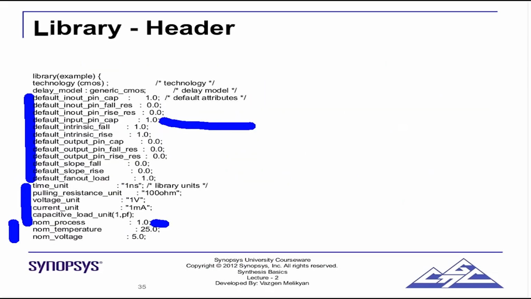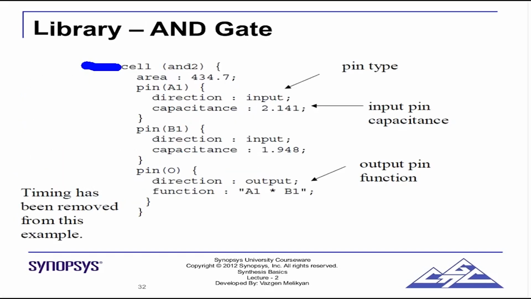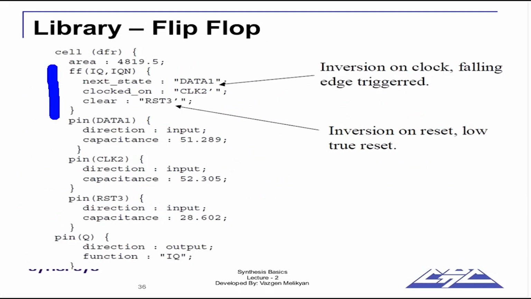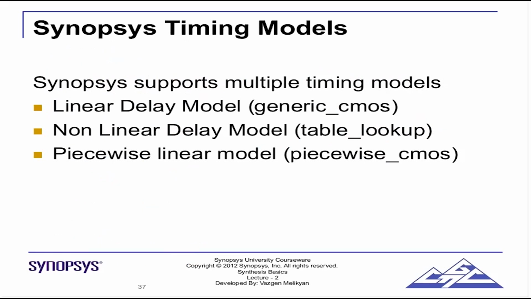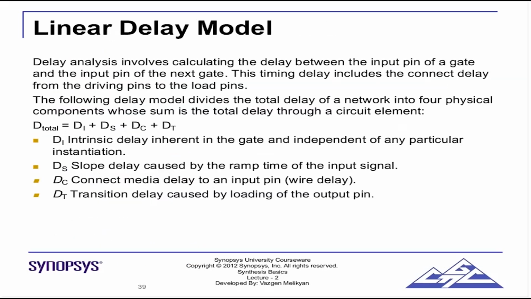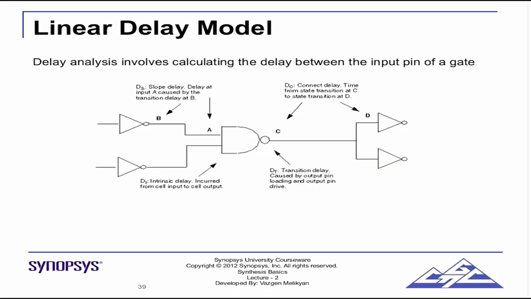There is a default slope, and default slope fall time and rise time, which is 0 in this case, but you can have a positive value here. There is a default fan out load also. So if we do not give all the values, the tool will make some assumption and use this equation for the linear delay model to calculate the delay.